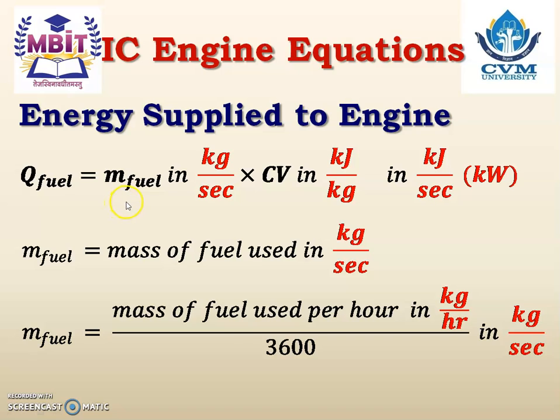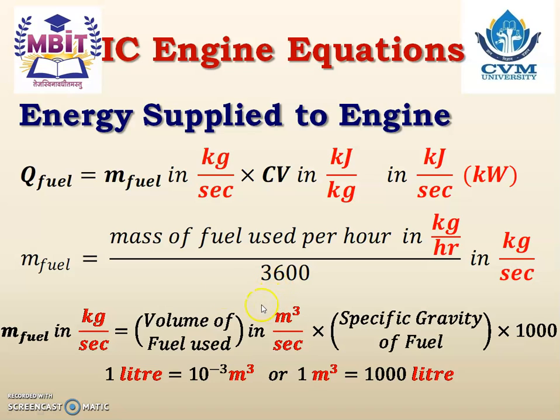Now mass of fuel should be in kilogram per second. If they have given us the mass of fuel used per hour, that is in kilogram per hour, that is to be converted into kilogram per second. So mass of fuel in kilogram per second is equal to mass of fuel used per hour in kilogram per hour divided by 3600.